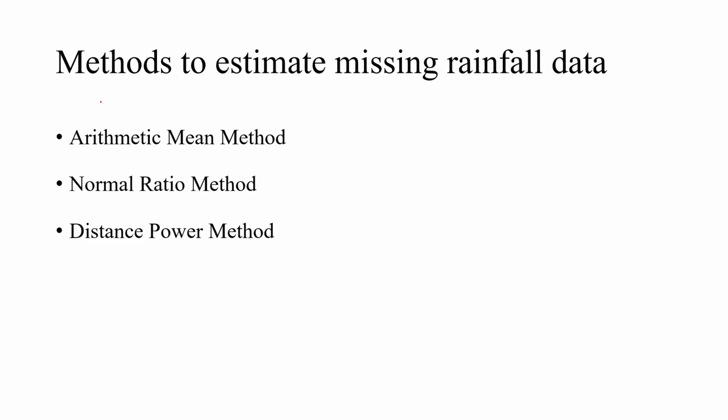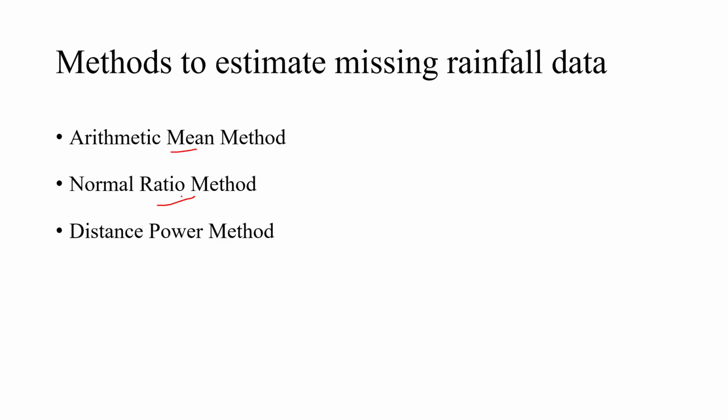There are several practical approaches, and we will cover the three most commonly taught and applied ones in hydrology, which are the arithmetic mean method, which is the simplest averaging technique, and then the normal ratio method.